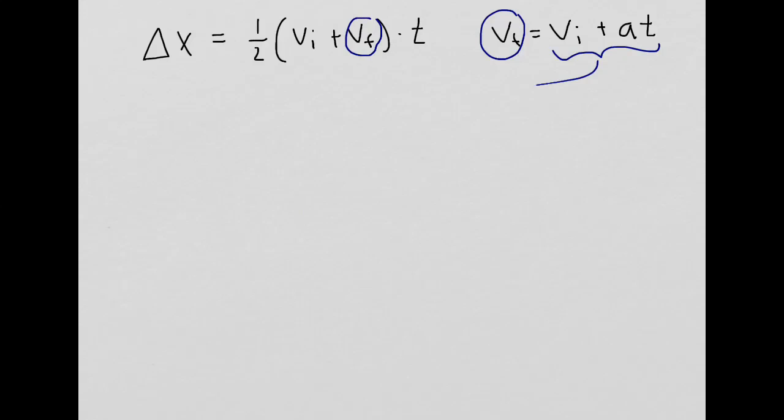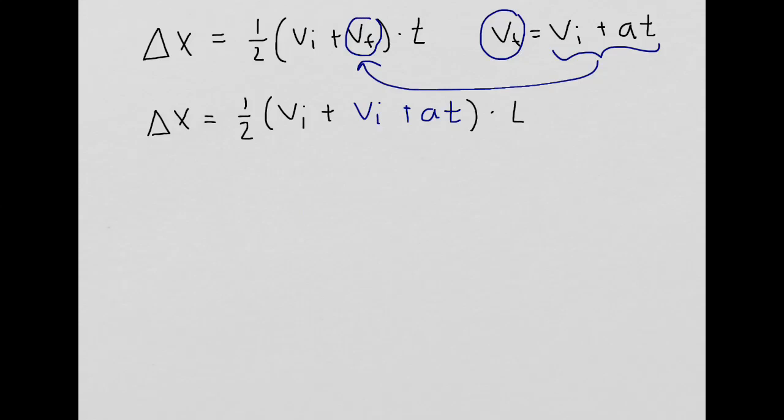So I can sub this in for vf, and I get delta x is equal to 1/2 (vi plus vi plus at, now that's the part that I'm subbing in) times time.